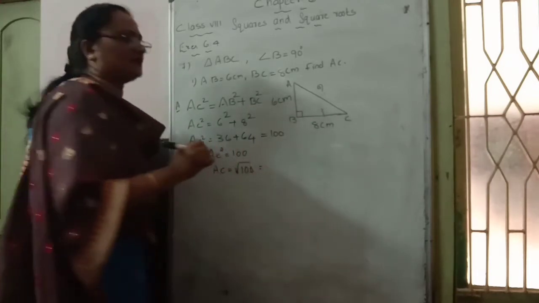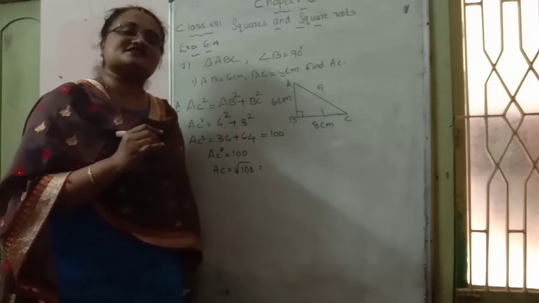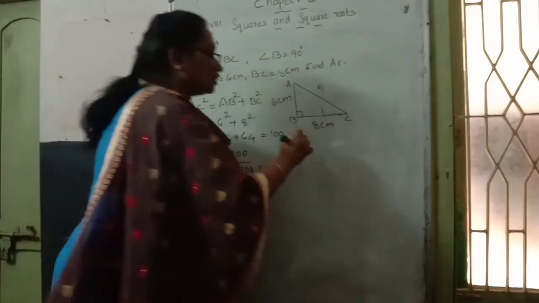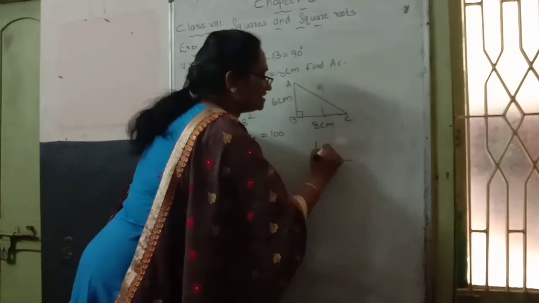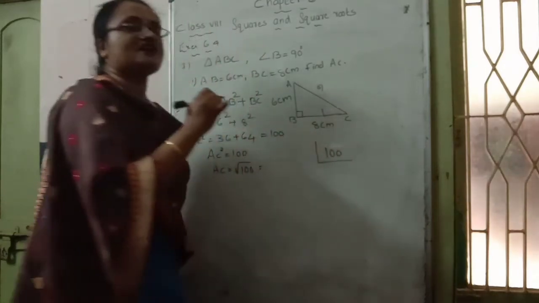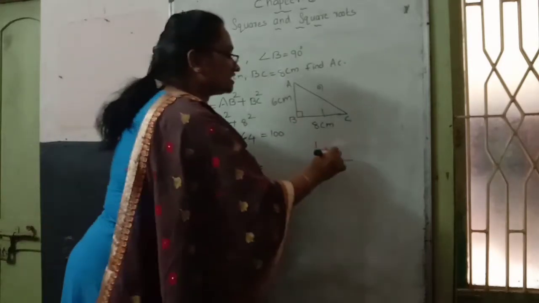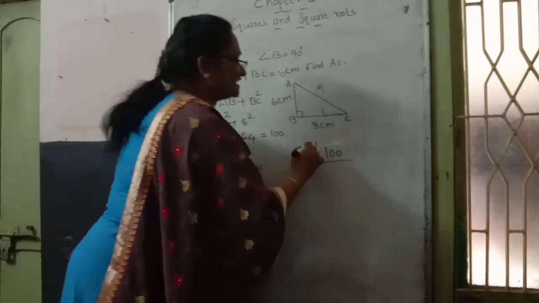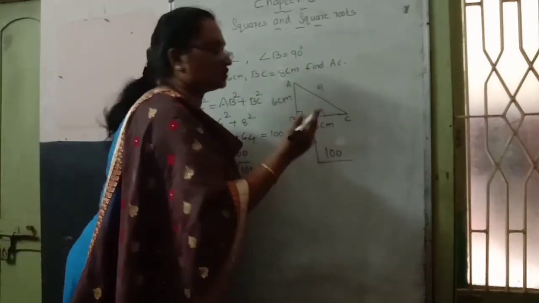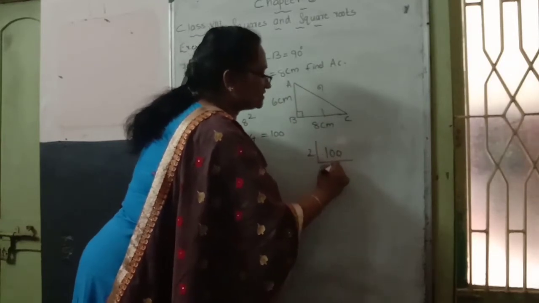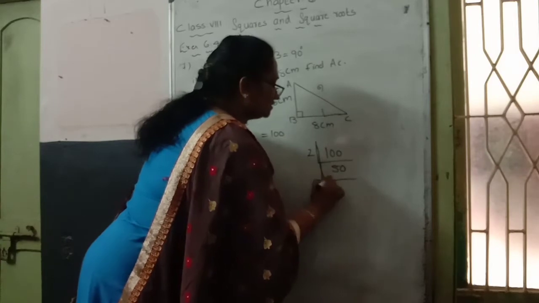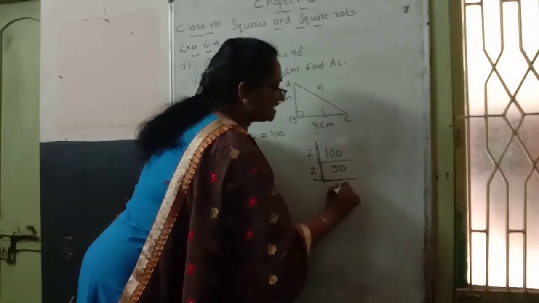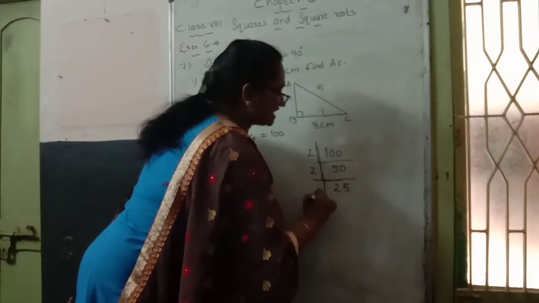Which same number multiplied gives 100? Or you can use the prime long division method or prime factorization method. Any method you can apply to find the square root. The last digit 0 is even, so prime number 2 or 5 can be used. Dividing 100 by 2 gives 50, again by 2 gives 25.